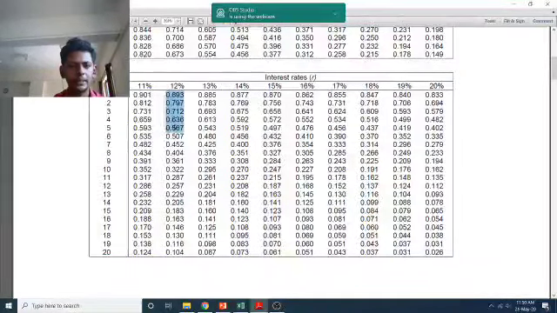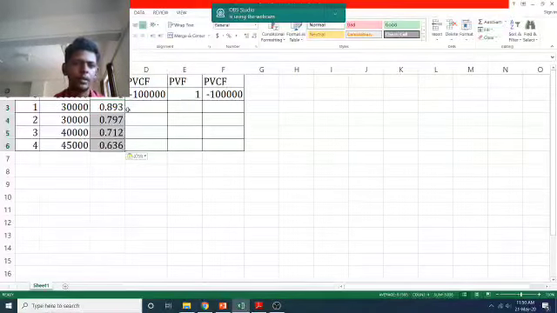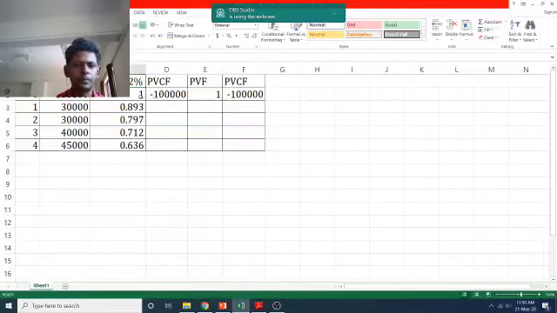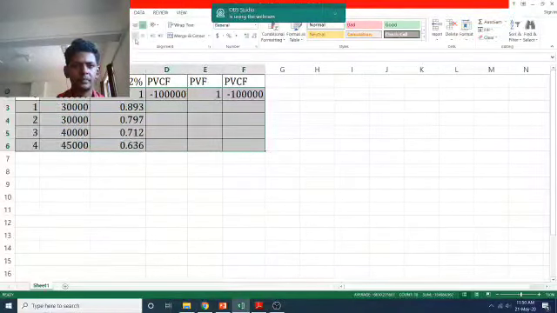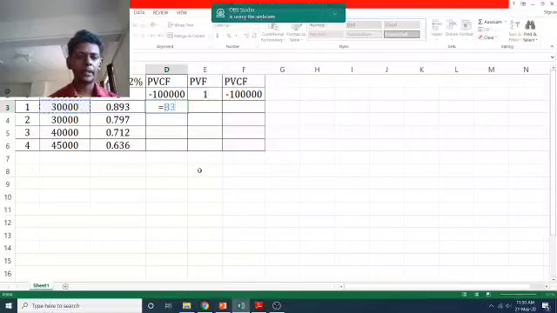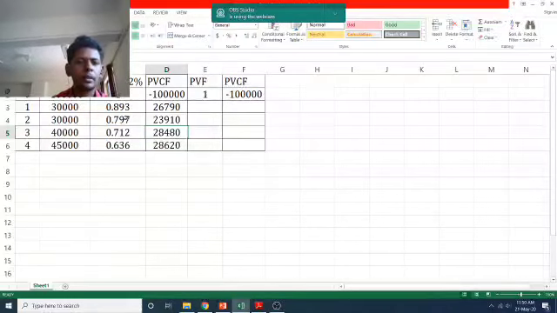I'll copy these figures and mark them here for your reference. Now multiply column B with column C. I've just multiplied the cash flows with the present value factor, what we used to do initially, and we'll see if it is amounting to 0.